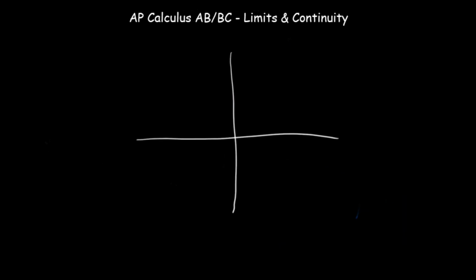So let's say we have this graph. On one side we have this, and on this side, we have this. Let's say this point is at -1.